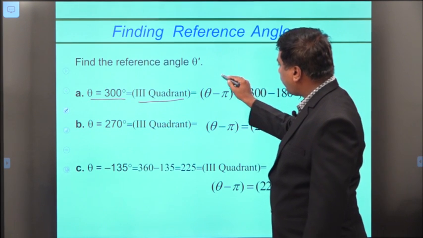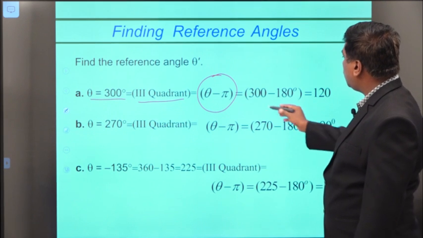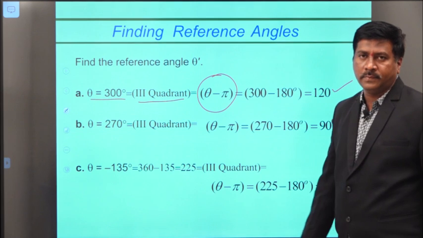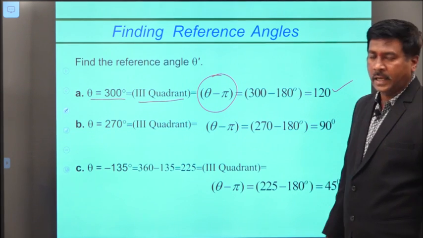Therefore, for finding the reference angle, we take 360 minus theta. Whatever the subtracted angle is, that is called the reference angle.